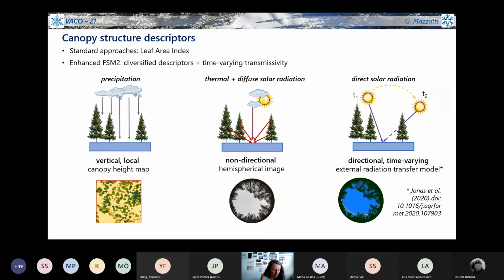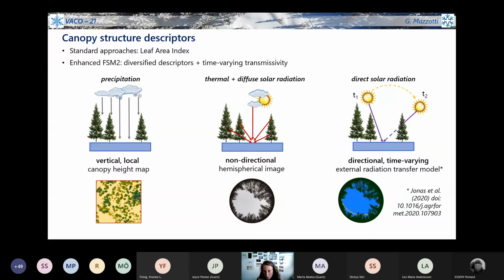And this is a concept that I want to outline a bit more in detail. The original version of FSM2, which matches standard forest snow models, uses just one parameter to describe all the processes. It's the leaf area index, which can be obtained from hemispherical images at the point. However, different processes are affected by canopy structure at different scales and perspectives. Precipitation, for instance, is an essentially vertical process, and it's just affected by the canopy directly above a point.